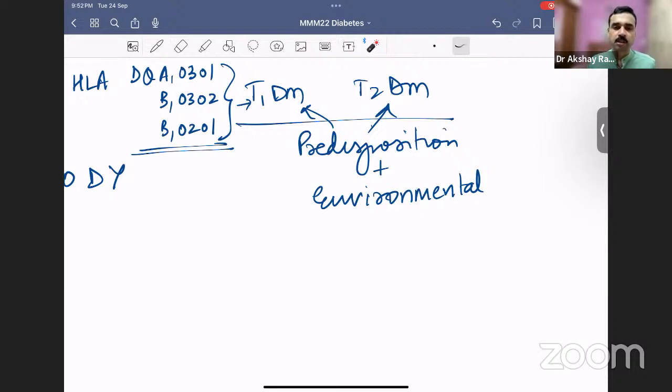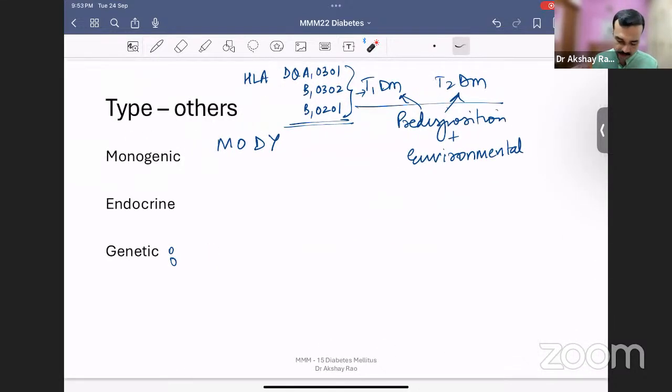The availability of food was limited, and work was much more intense. That is why our race was never used to such high calories. So as South Asians, we'll always have this predisposition. And now the environment is perfect for rampant diabetes, and that's why it's happening. So these are all polygenic diabetes.